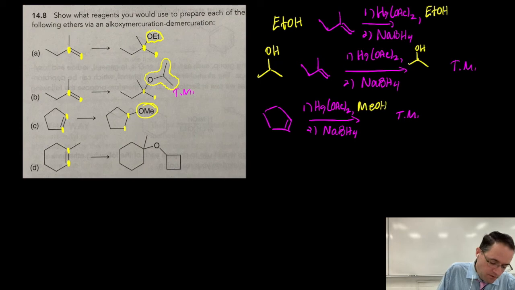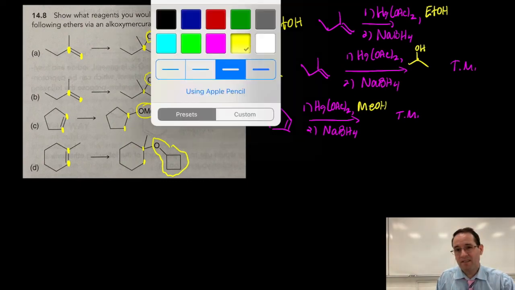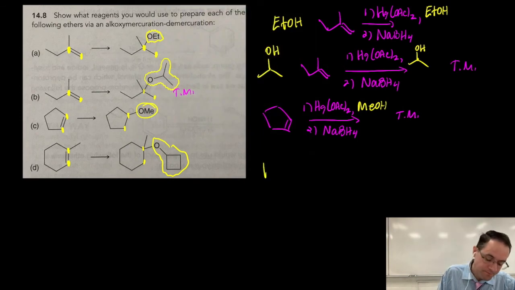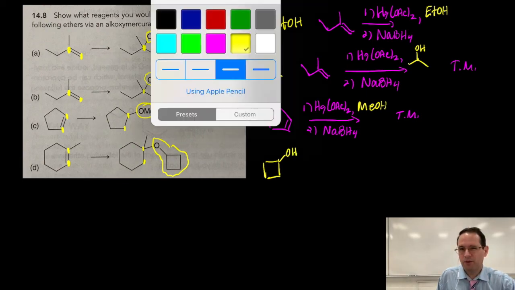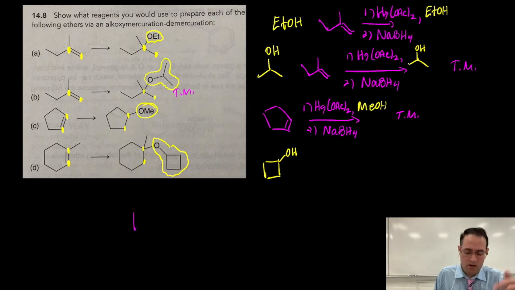All right, some of these ethers can be quite complicated. Here's a more complicated one, I would say. So what are we adding? We're adding this alkoxy group, and that's going to come from cyclobutanol. Just add an H to the group that you've circled, and that comes from cyclobutanol. So that's the alcohol we would be adding.